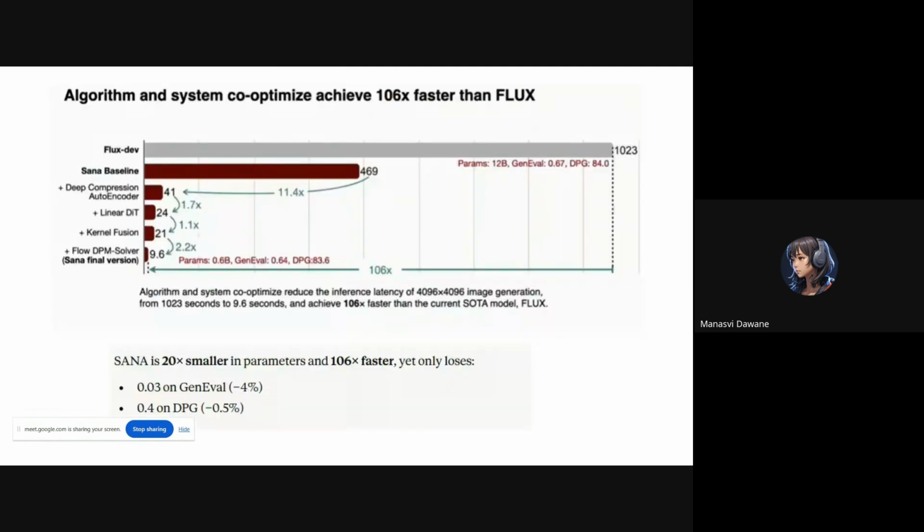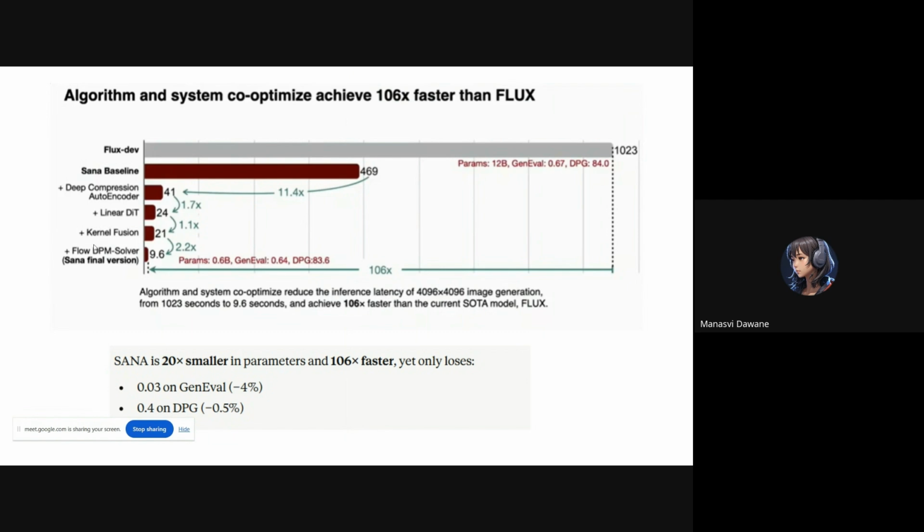Let me explain this in detail here. The first layer, deep compression autoencoders, compresses the image. In linear DiT, it replaces the standard quadratic attention with linear attention.